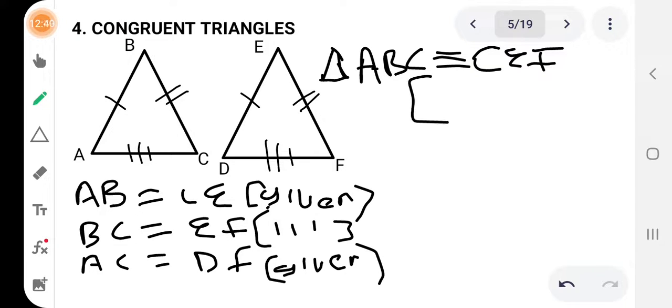Then you give a reason. In this case, our reason is going to be side, side, side. So we have proved that this triangle is congruent to the other triangle because we are given side, side, side, that those sides are equal.